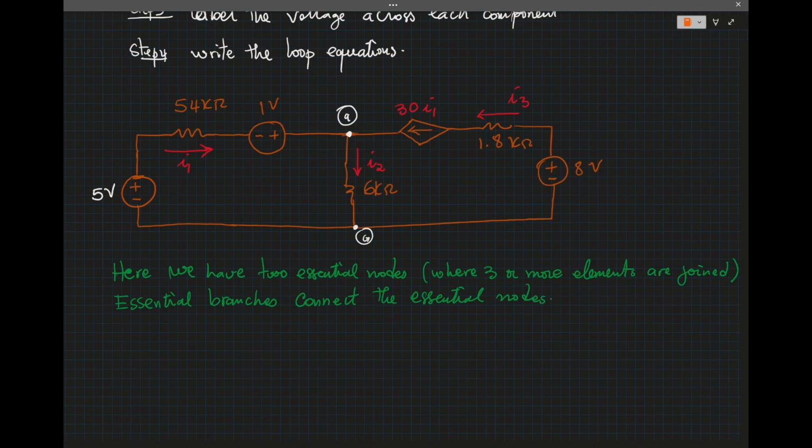Okay, so we have 3 here. So we have 3 essential branches. So that carries I1, I2, and I3 as labeled here.